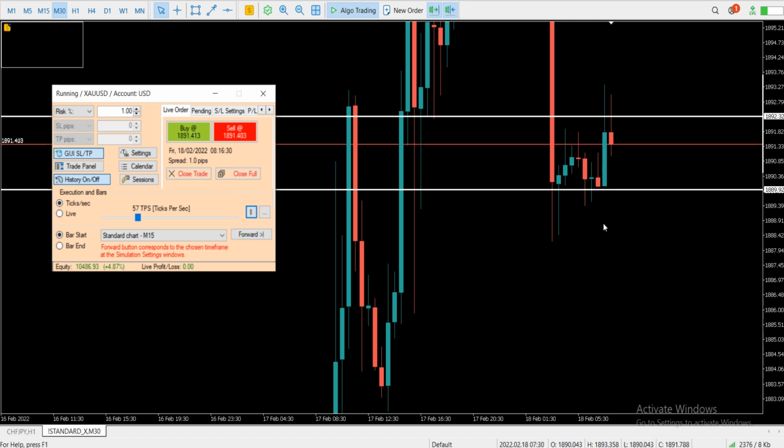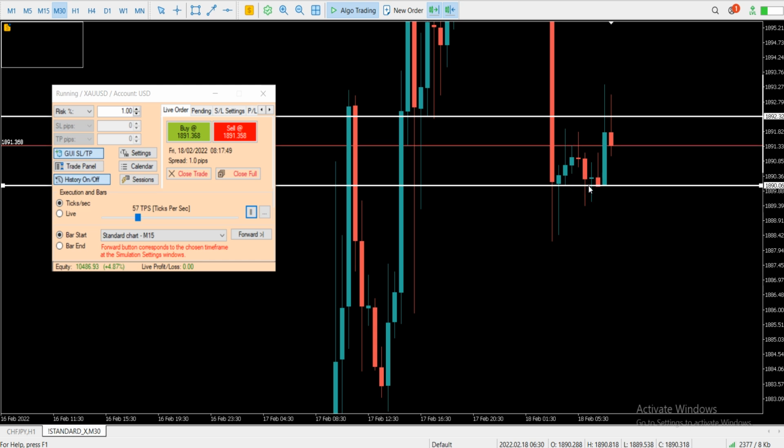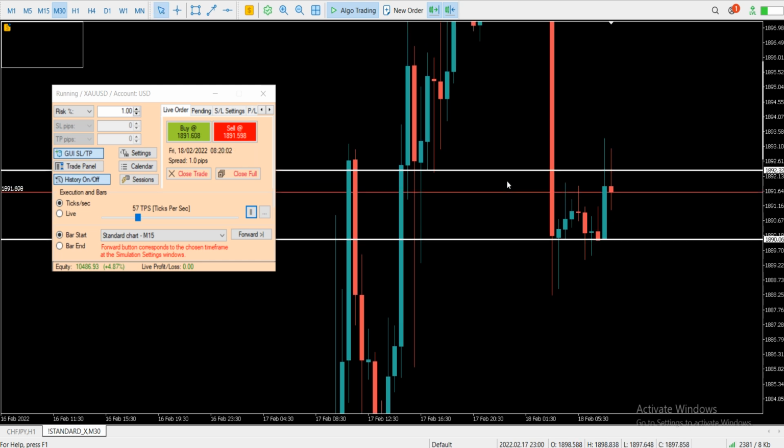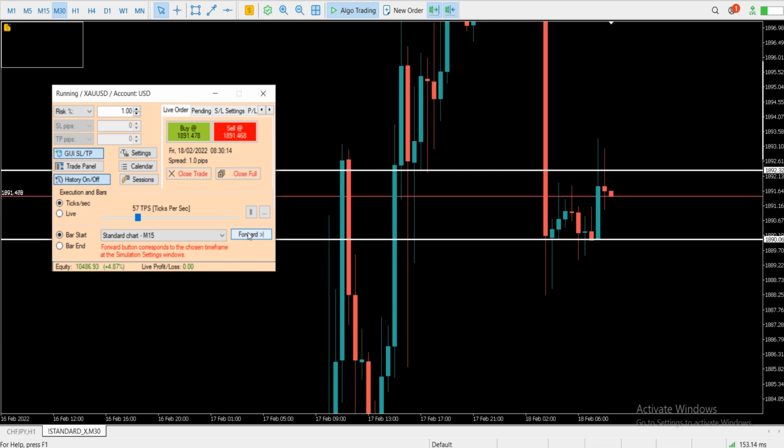Now wait for the market to print something that we can then look for entries. 10 minutes left. Five minutes left and candle closed bearish.